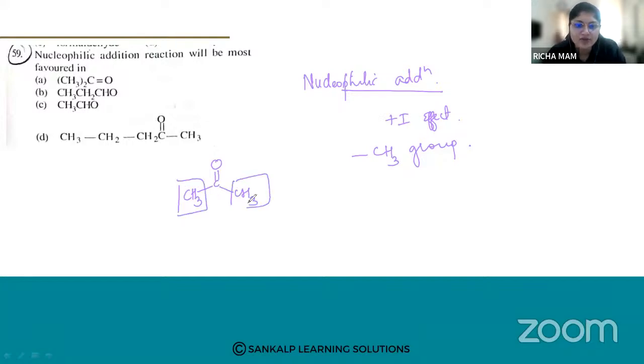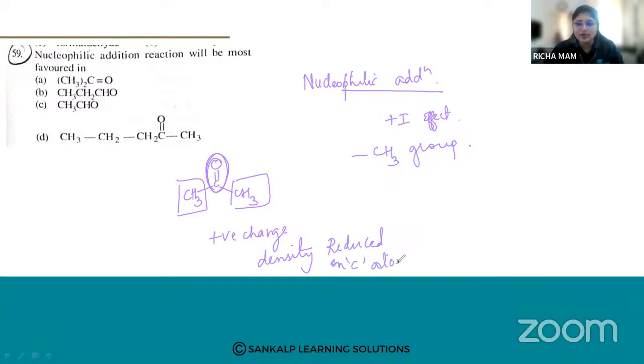These CH3 groups will reduce the positive charge density on the carbon atom of the carbonyl group. This is with respect to your acetone.